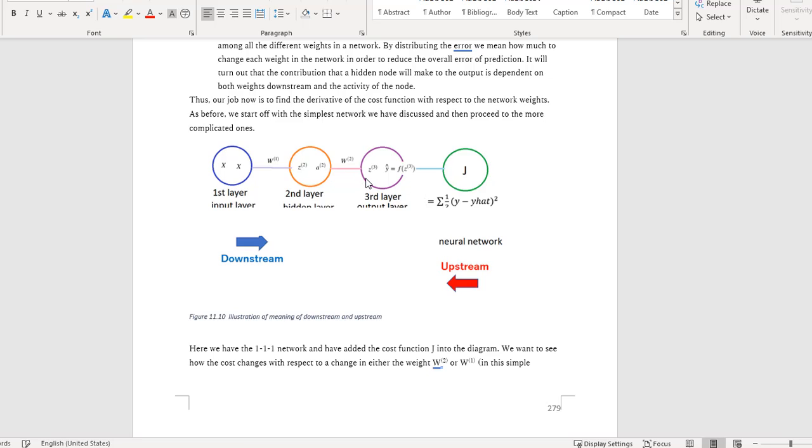Without me writing this, what is z3? This is a simple calculation because this is a simple network, and z3 is just this times that. So z3 is this times this, and if we take the derivative of this times this with respect to W2, that means that we just get A2 as the derivative of that.